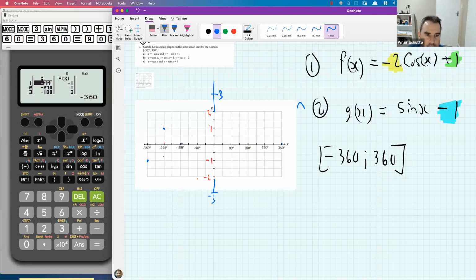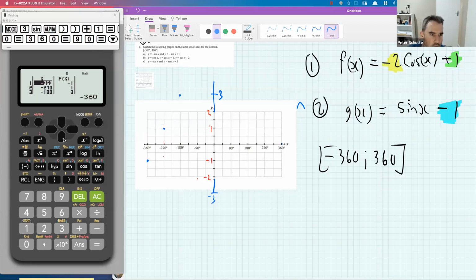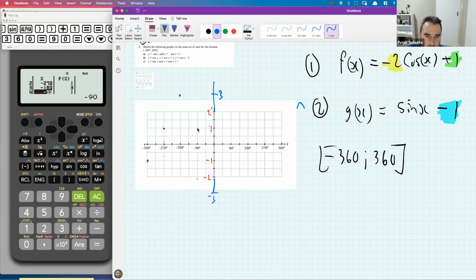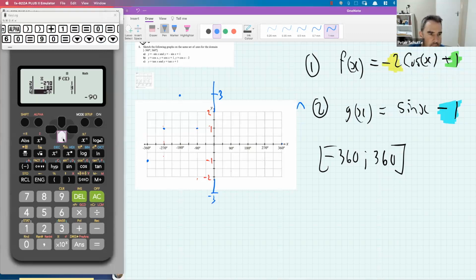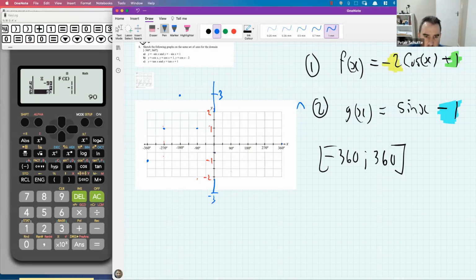Minus 180 gives 3. Minus 90 gives 1. Then 0 gives minus 1.